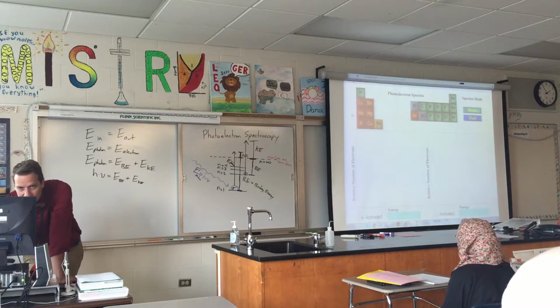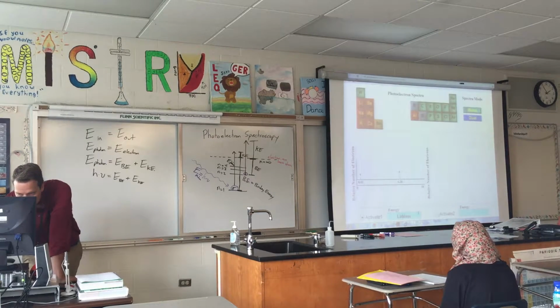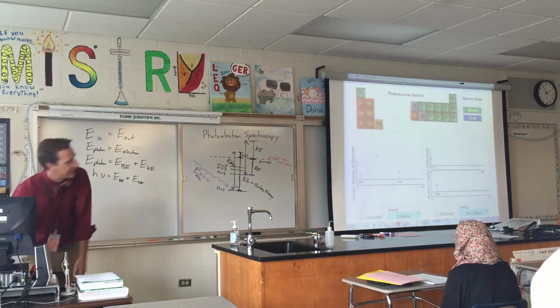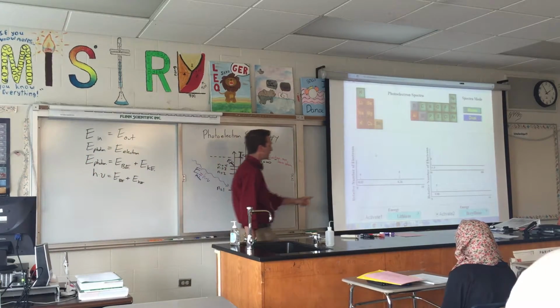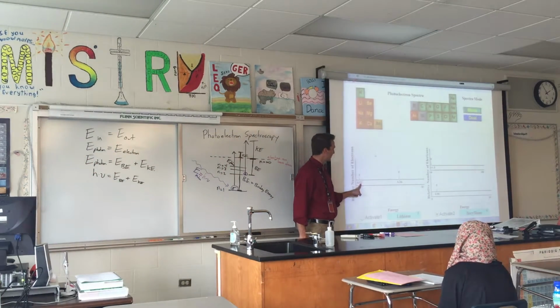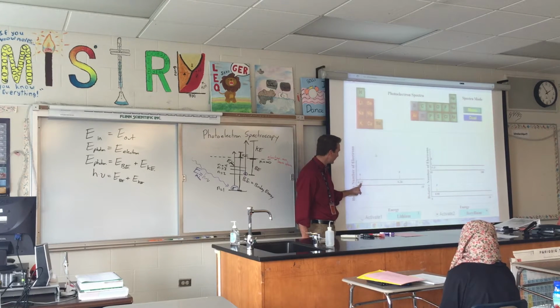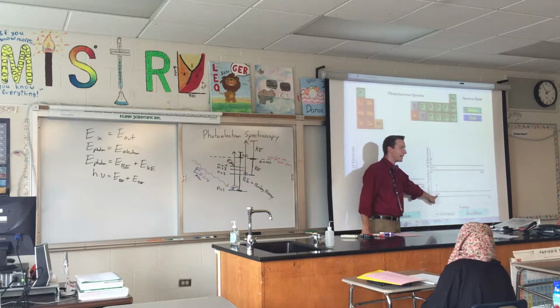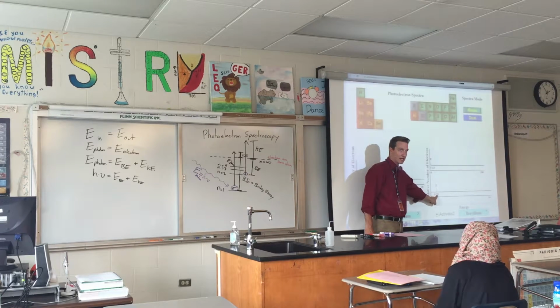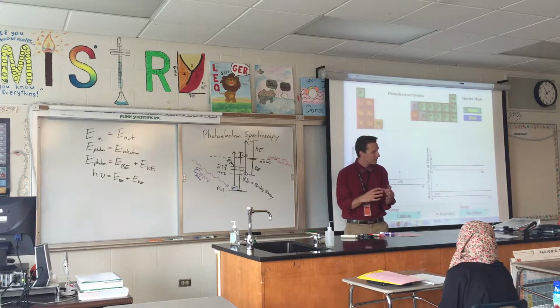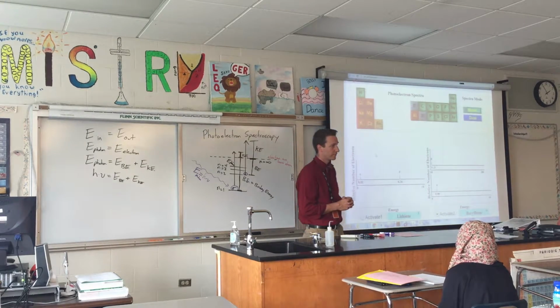I can actually compare these. I could put lithium over here, and I could put beryllium over here. And so we can see lithium's easiest to remove electron from the second shell is easier to remove. It takes less energy than the electrons in that same shell for beryllium, because beryllium has more protons. So if we have more protons and we have the same shell, it's going to be harder to remove.